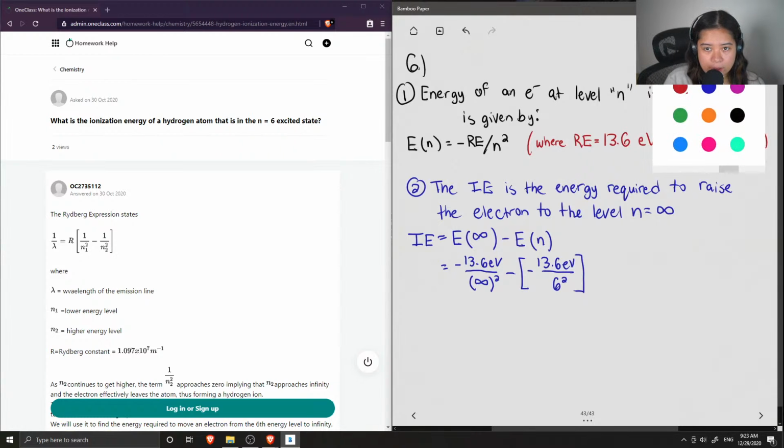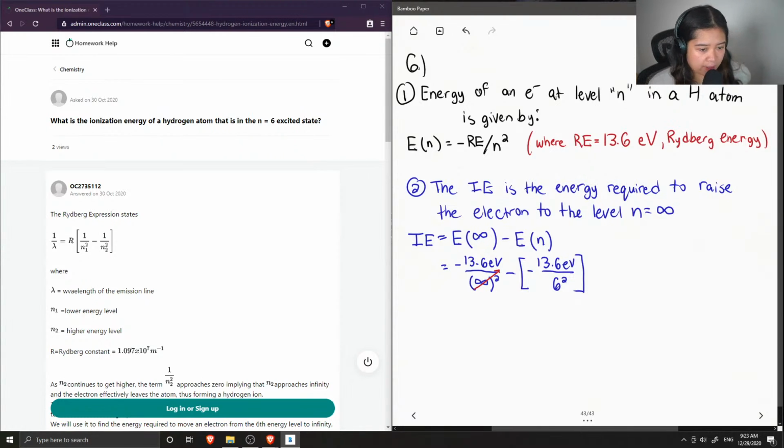And notice when you have a number being divided by infinity, since it's a very large number and you're dividing by it, the value just goes to 0.